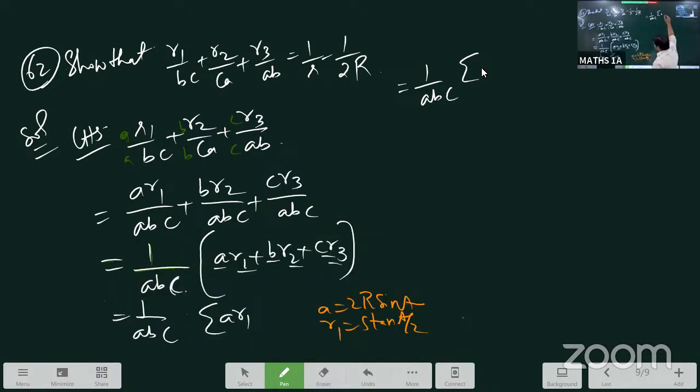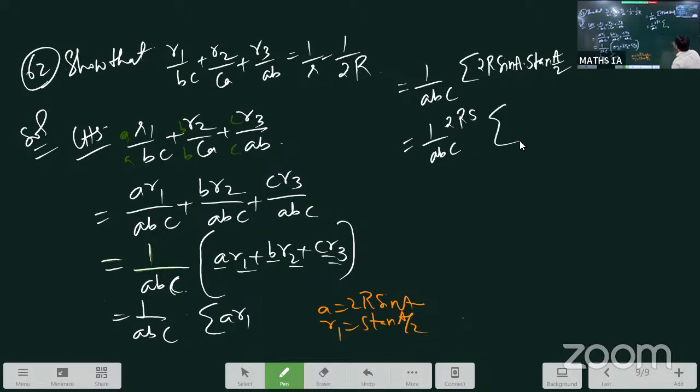So that is 2R sin A into S tan A by 2. Now 1 by ABC. Now 2R and S, write it outside because they are all constants. According to the triangle, only small a, small b, small c, R1, R2, R3, capital A, capital B, capital C come in the summation. Rest everything is like a constant. Right? Now 2RS I wrote it outside. So what is left out? Sin A into tan A by 2.